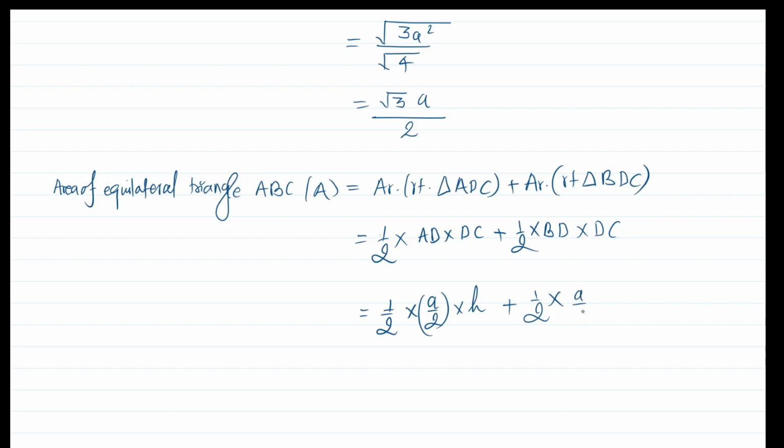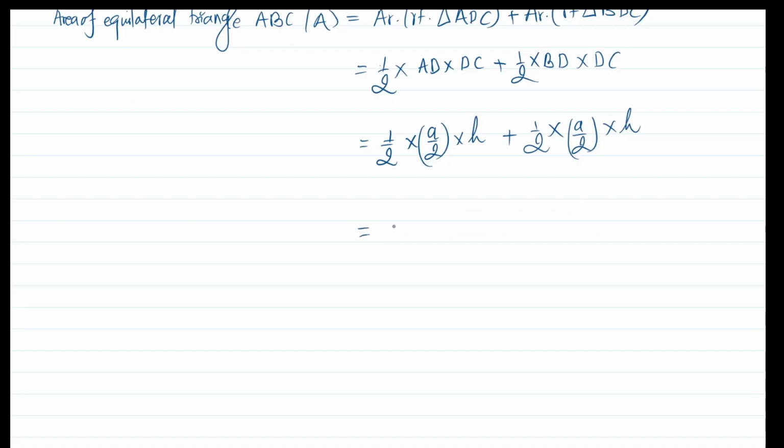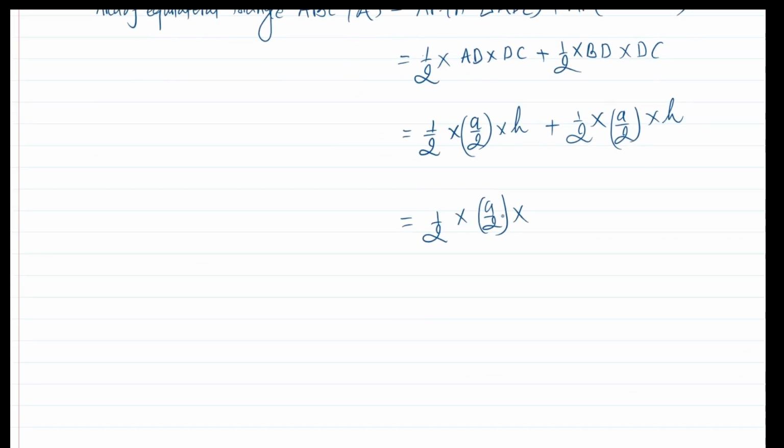BD is equal to half of A, and DC is height, right? And we have calculated the expression of height in terms of A as root 3 A by 2. Height is equal to root 3 A upon 2, plus 1 by 2 into A upon 2 into root 3 A upon 2.